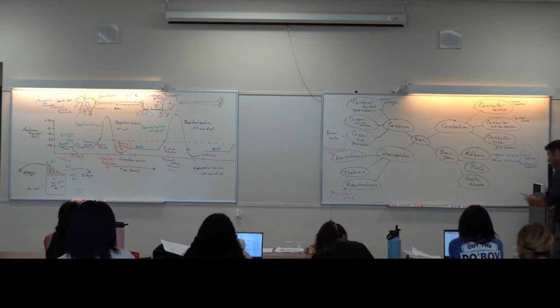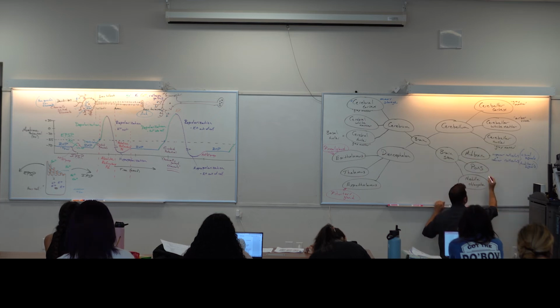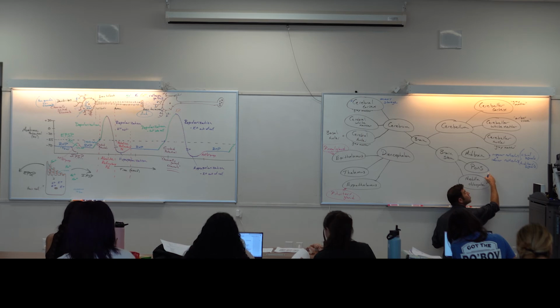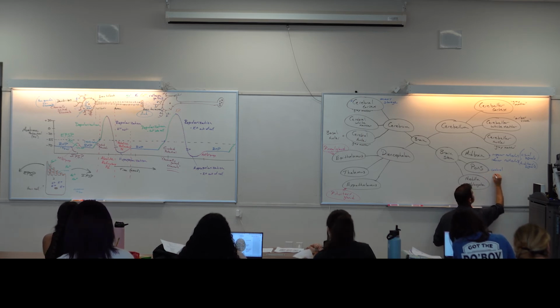The pons, since we're already into this, if we look into the pons, there are going to be nuclei located in the pons that are called, and this is on your lecture handout, apneustic versus pneumotaxic. Again, these are in the slides. I'm just somehow getting into them early here. But the pons is going to have neurons that control respiratory rate.